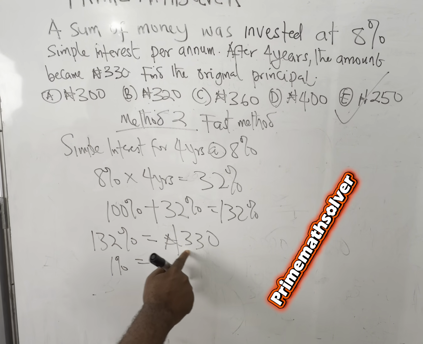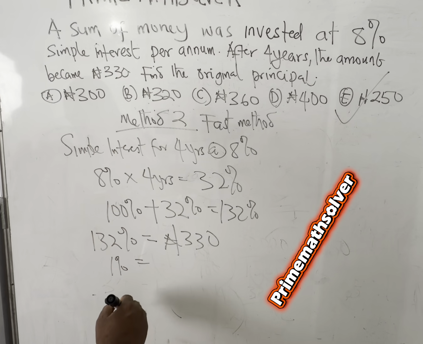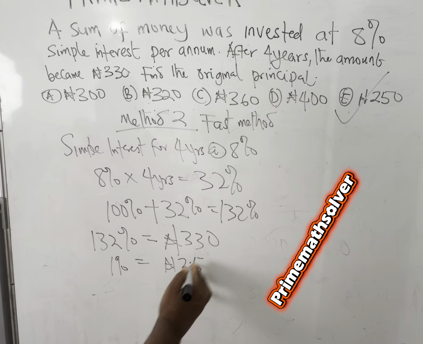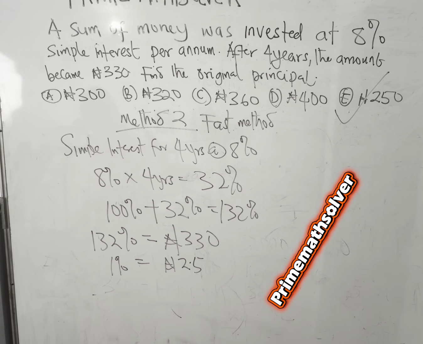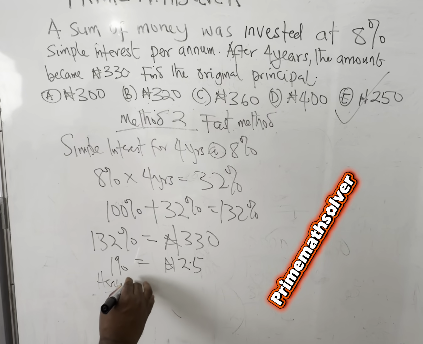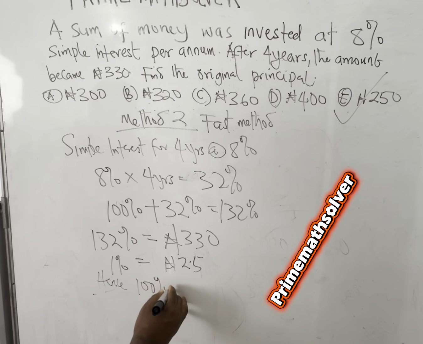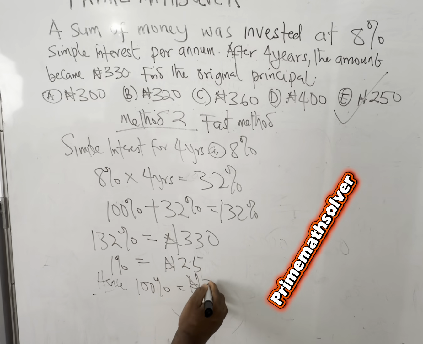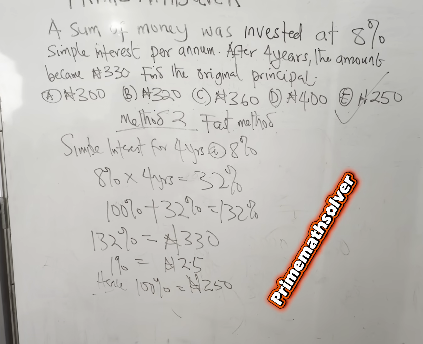This divided by this, and you are going to get 2.5 naira. Now, if 1% gives you 2.5 naira, hence 100% will give you 2.5 multiplied by 100, and you're going to get 250 naira. Simple. This is just a very simple step.